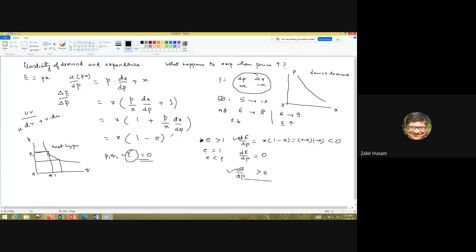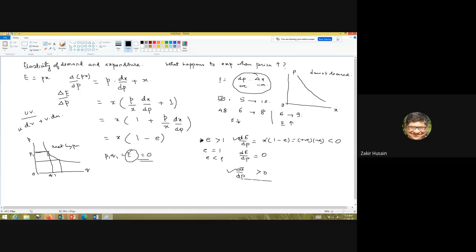So basically what is happening is your del P is positive. Now, what is happening to del X? Elastic demand curve means this is a high value. Therefore, expenditure is going to come down. Inelastic means that del X is going to be very small, so this positive effect will dominate.